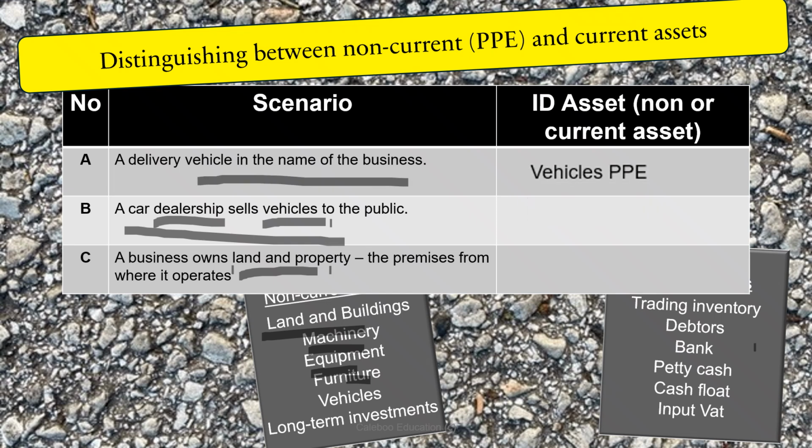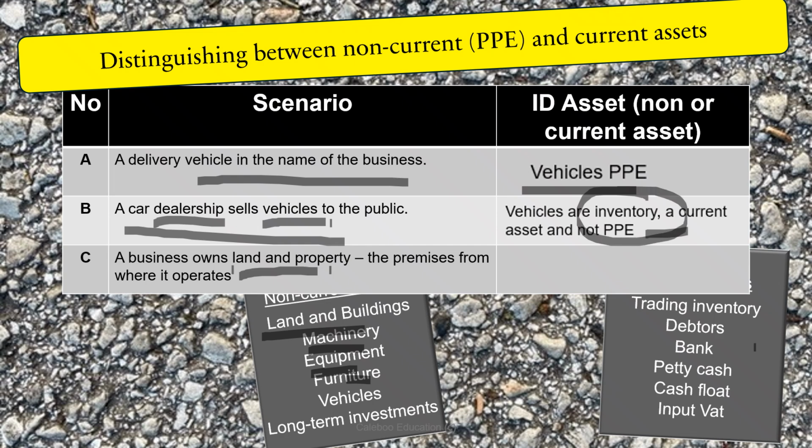So in the first example, vehicles was PPE. In the second example, buying and selling vehicles is inventory and not PPE. And in the last one, land and property, land and buildings is PPE, a non-current asset.